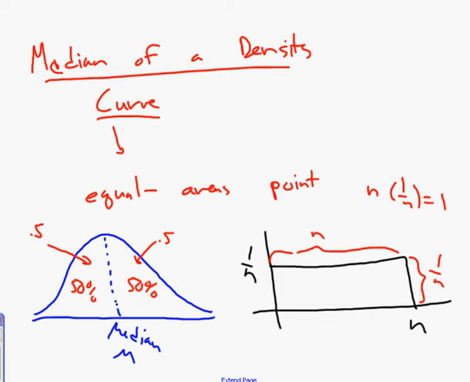Okay, where's the median? Is there a median here? Yes, right here at 1/2 of n. That's the point where you'd have exactly half the area below, or an area of 0.5 below that point, and an area of 0.5 above it. So the median of a density curve is considered the equal areas point. Okay, now that we've said that, what about the mean of a density curve?